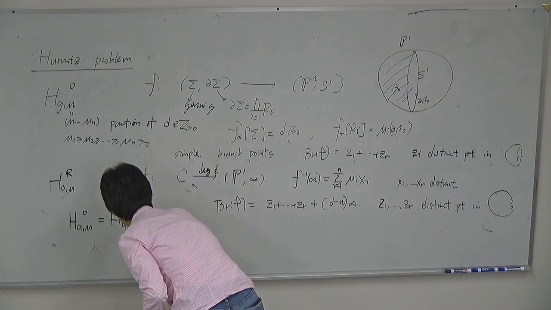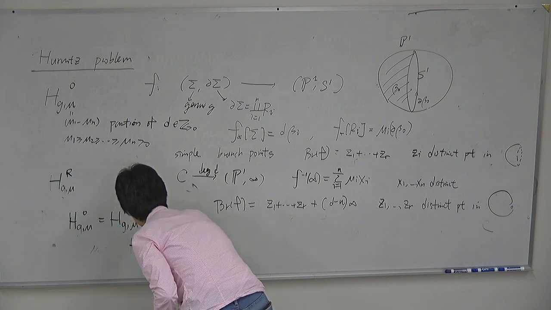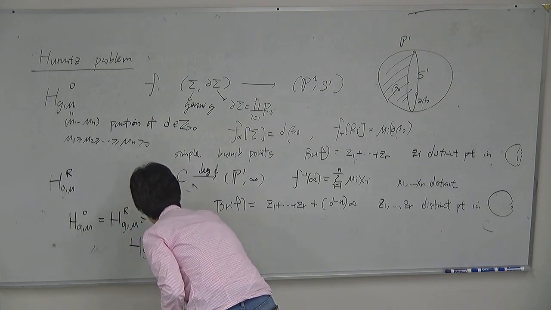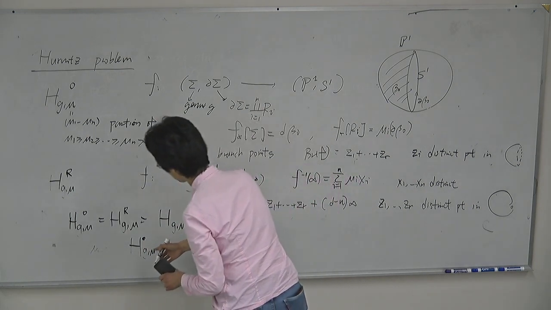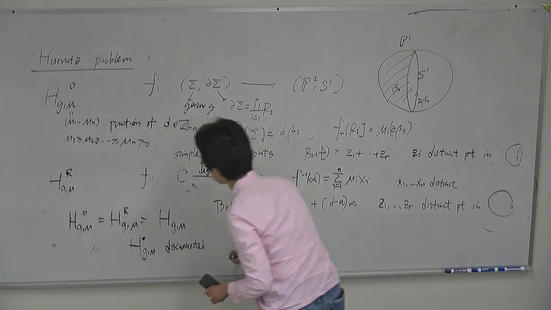So you can consider the disconnected version, where one allows the domain to be disconnected with Euler characteristic 2 minus 2g.